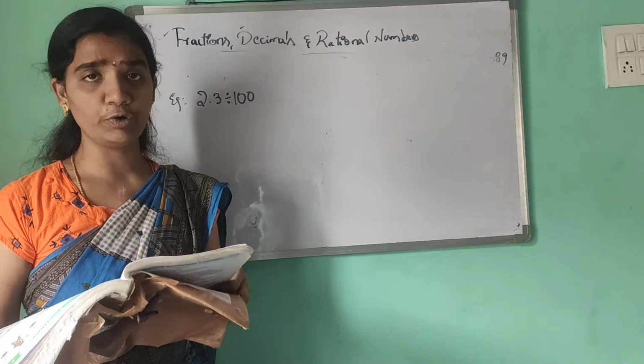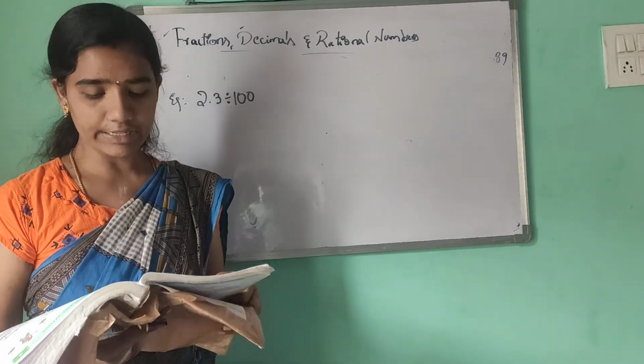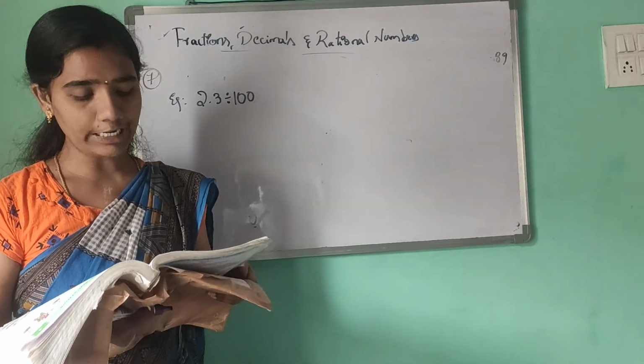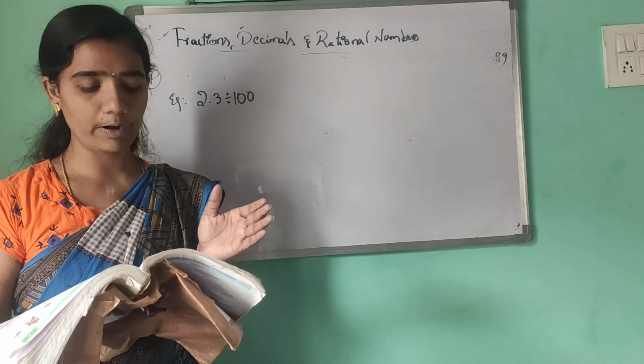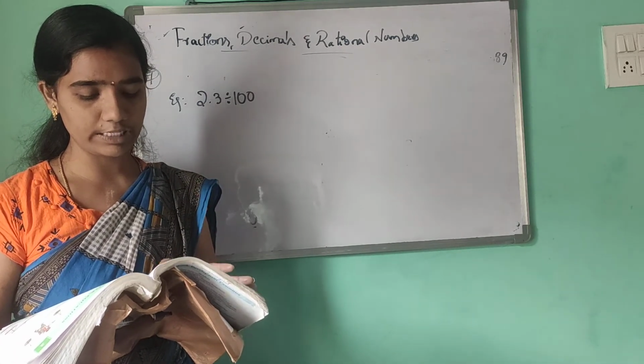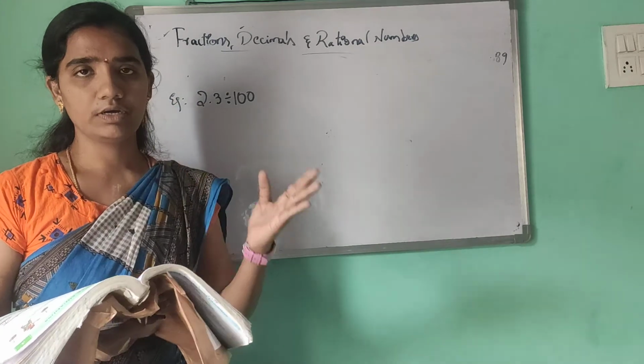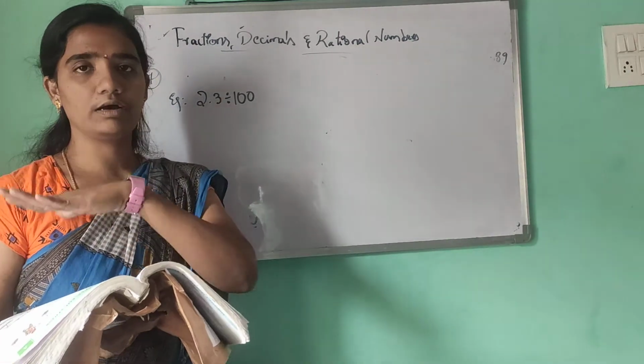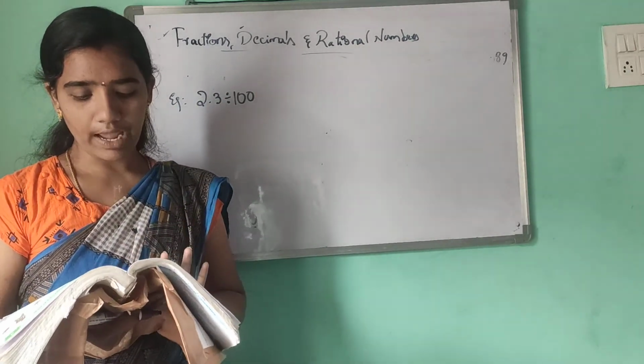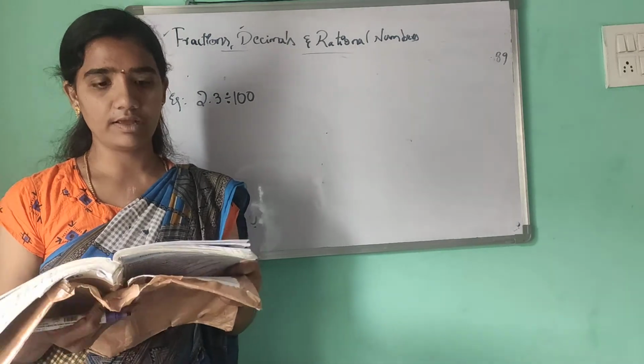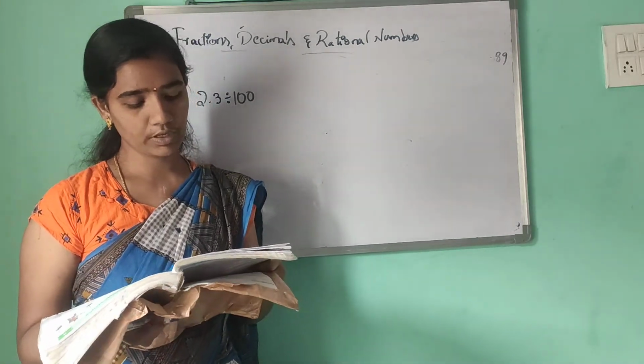But in this we are doing division. So multiplication is right, division is left, by as many places as there are zeros.